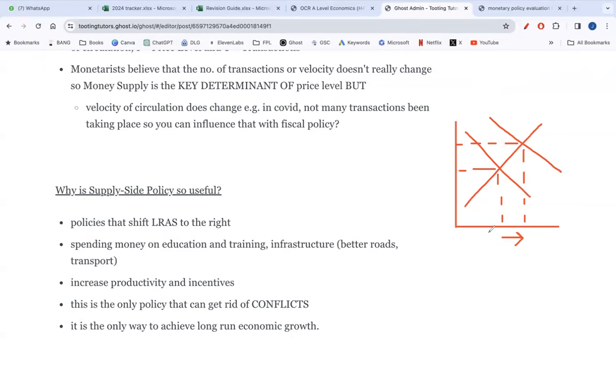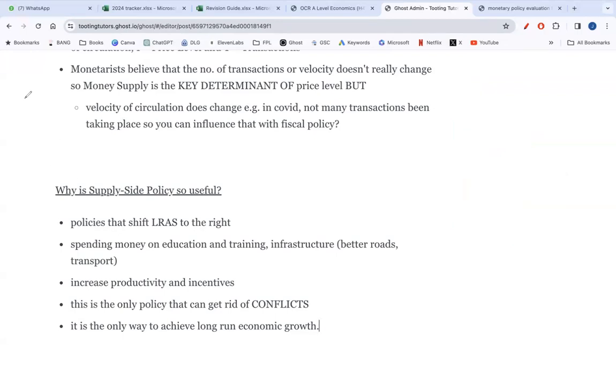So what's this arrow showing? Real GDP, going up. And what's this arrow showing? Price level, going up, which is bad. Well, it depends. If we were in a really bad situation before, then increasing price level is good. But most of the time, increasing price level will be bad.